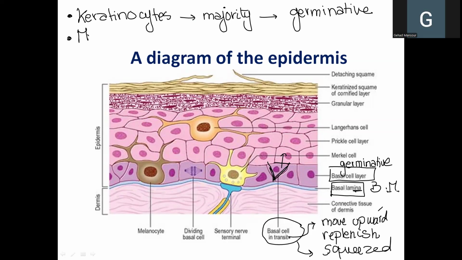As we said before, the second type of cells are the melanocytes, and the main function of the melanocytes is to produce pigment. So they are the main melanin producing cells in the skin.